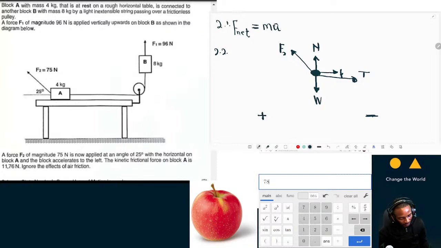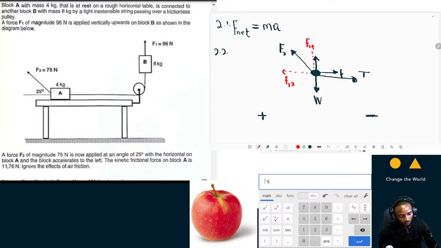Then let's now split, because this force is acting at an angle. We're going to split it into its components. So this will be the x component of F2, F2x. Then we're going to have an upward y component of F2.